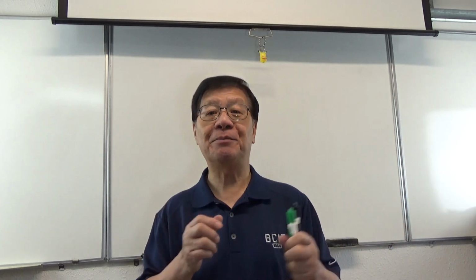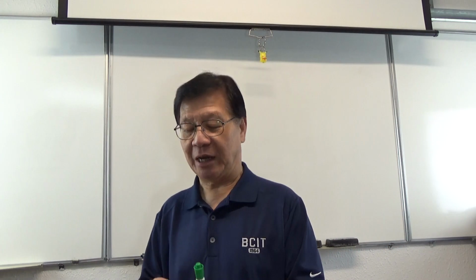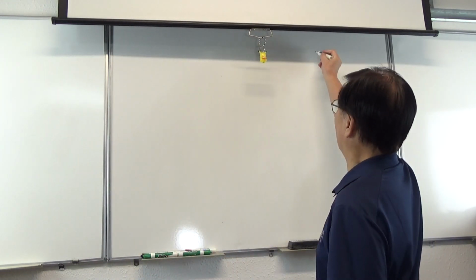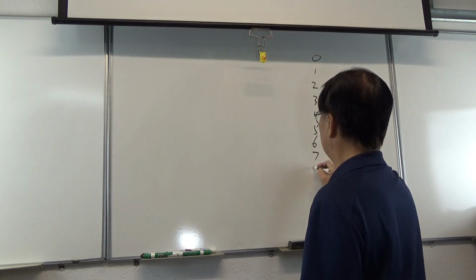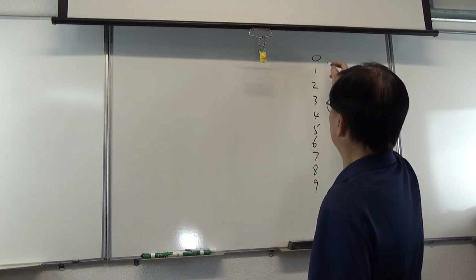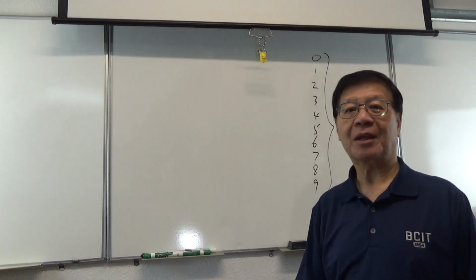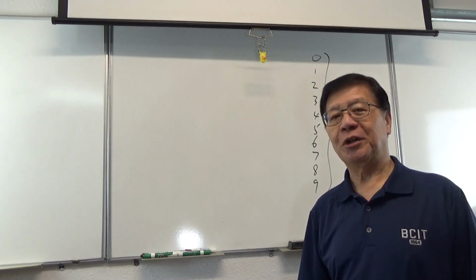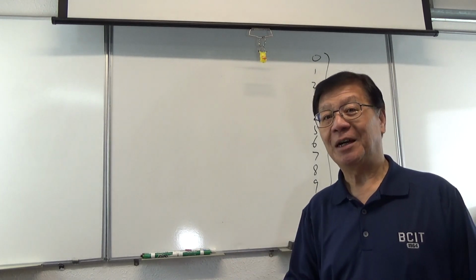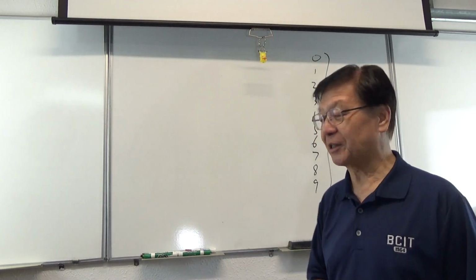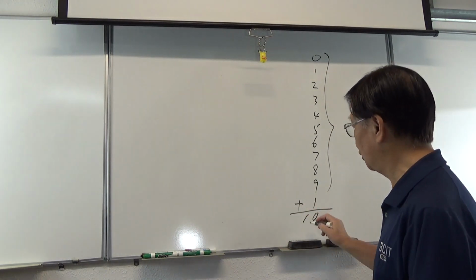We have 10 symbols to represent numbers: 0, 1, 2, 3, 4, 5, 6, 7, 8, 9, right? 10 symbols. But sooner or later we have to move up to create an upper digit, right? Because 9 plus 1, we got 10. So that means 2 digits already.